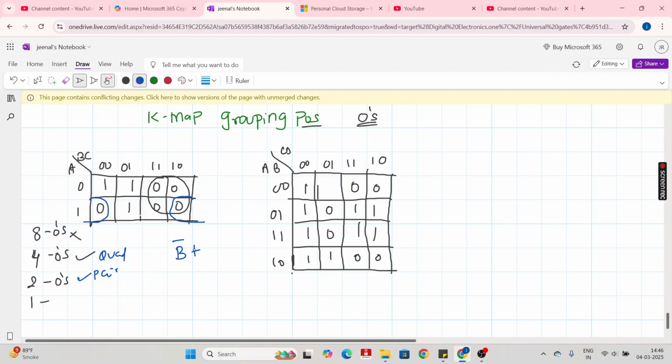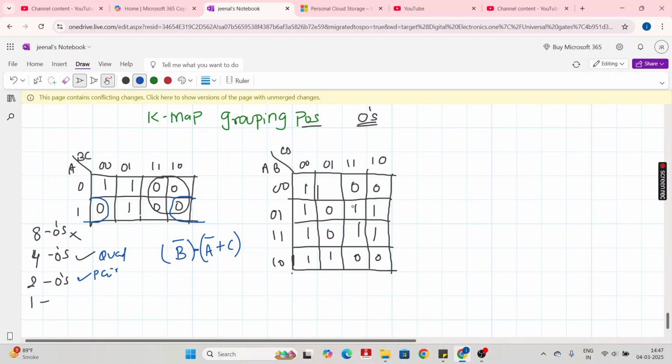So it will be A bar, and I have 0 0 here and 1 0, so C is common with 0, which is represented as C. Since it is product of sums, these are individual sum terms to which we do a product. So this is how we write the equation.